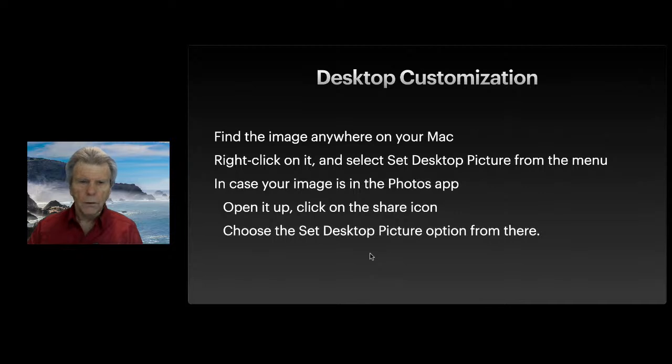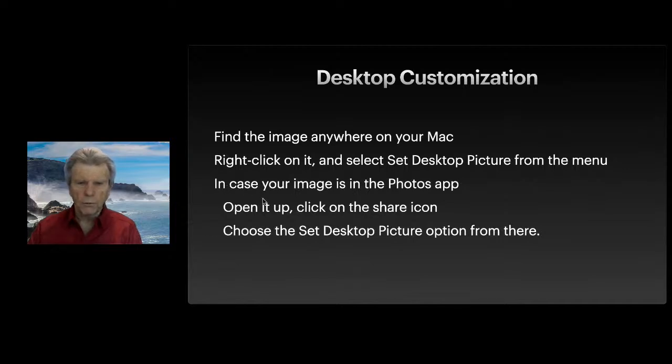So another way of doing it, obviously a little simpler way, is you can find an image anywhere on your Mac or anywhere. You can find it on the internet through Safari, and you right click on the image, and then you get a selection choice that says set desktop picture, and then it changes right there instantly. Just a right click and set desktop picture, and it changes immediately.